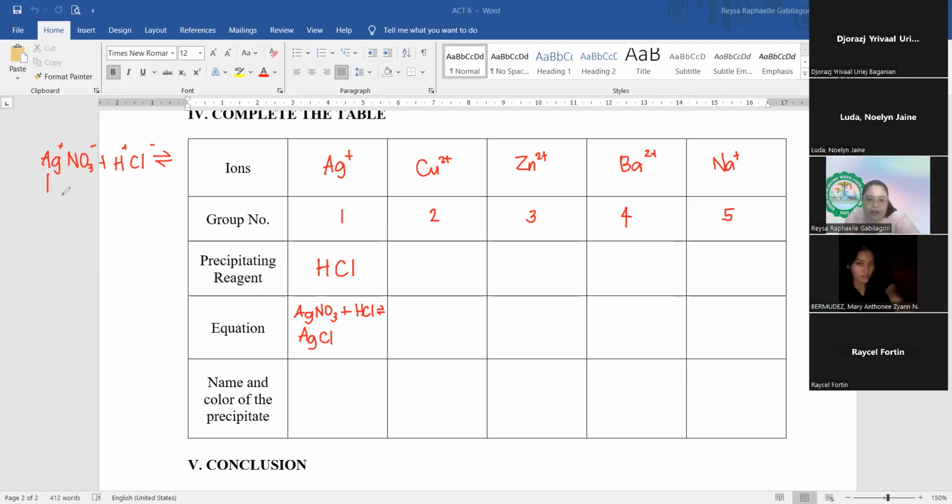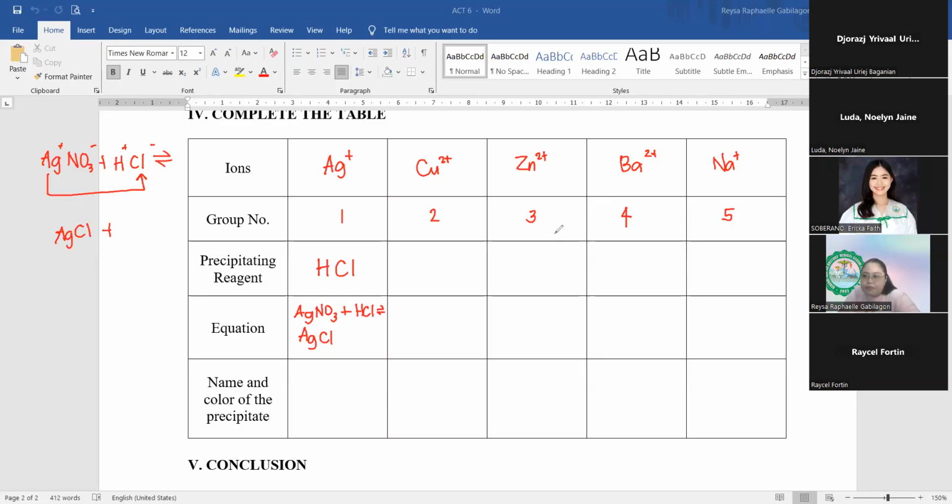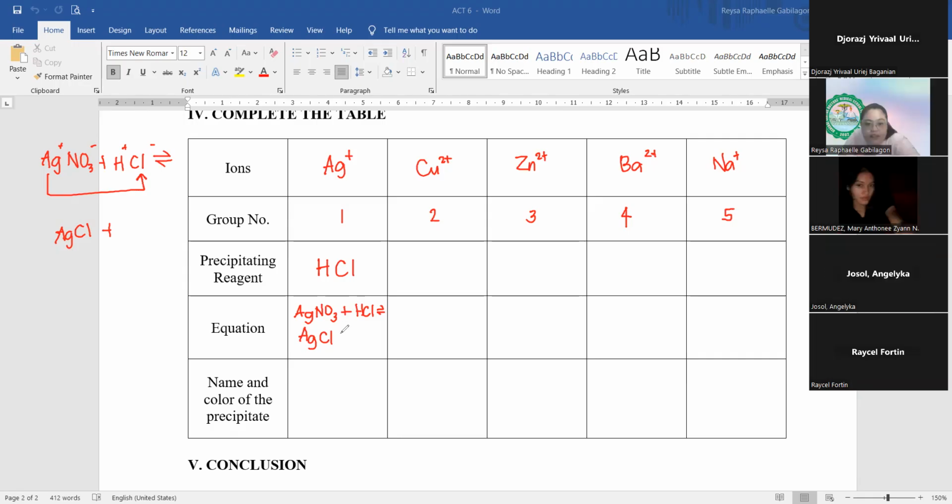So ang positive here ang magpartner sa kabila. So that is why we have the AgCl. What was the other product? Yes, Joraj. HNO3 po, ma'am. Okay, very good. That's HNO3. So we have H here, and then ang naiwan na negatively charged sa kabila is NO3. So AgCl plus HNO3.